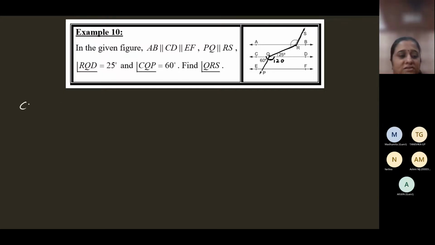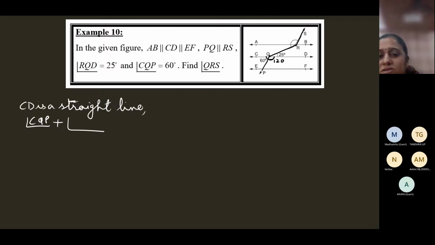CD is a straight line. So angle CQP plus angle DQP is equal to 180.